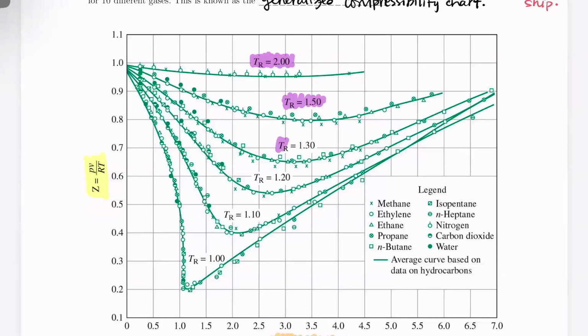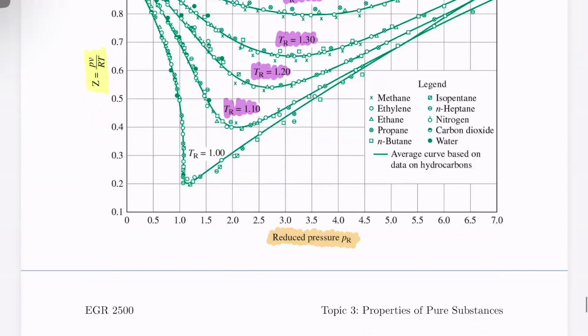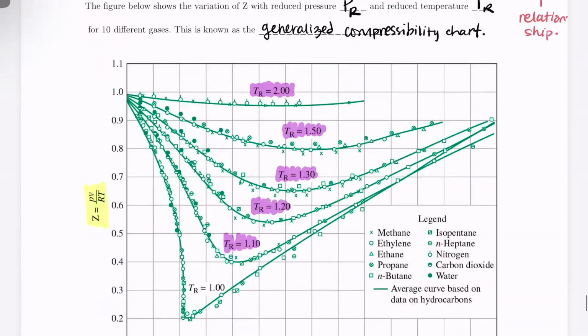So the behavior of each of the gases at a given temperature kind of collapse onto these lines, as you can see. All of these symbols are represented in these groupings that we trace out the average behavior with the line. Does that make sense? Okay, cool.